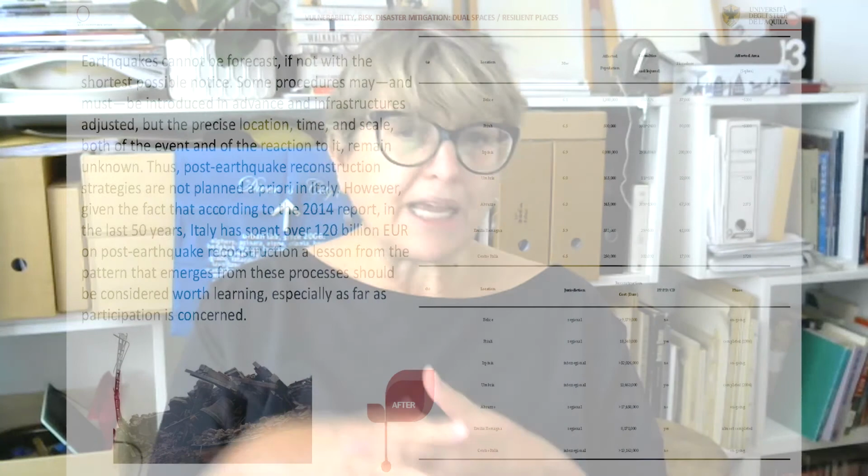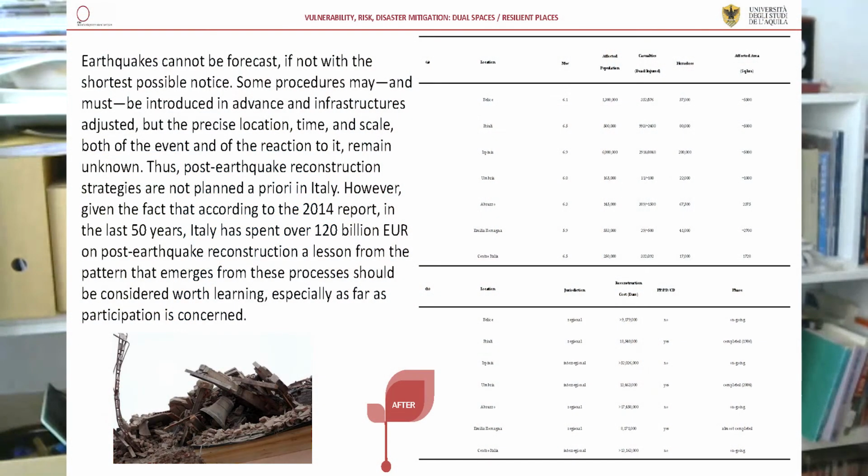So after, the first is to talk about earthquake. What happens if a disaster strikes a land, causing losses, damages, destruction? Earthquakes, let's say, cannot be predicted. We can raise probabilities. We can, of course, identify vulnerabilities to map that, but we cannot say at that time, at that hour, with that magnitude.